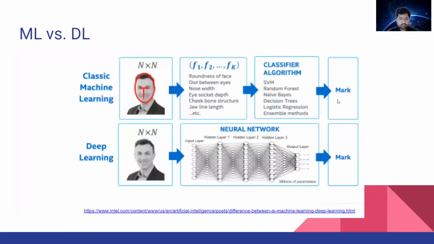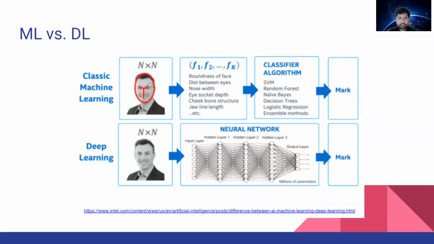So the next commonly asked question is, what is the difference between machine learning and deep learning? We have the classical machine learning algorithms, where, for example, you want to build an app that recognizes which person it is.